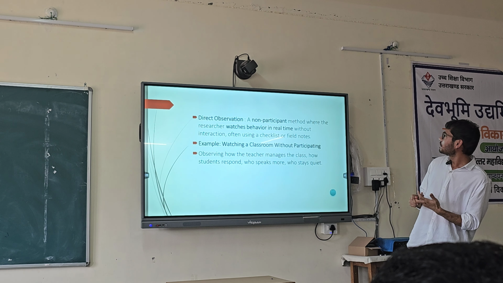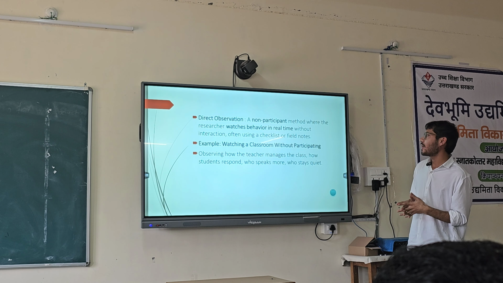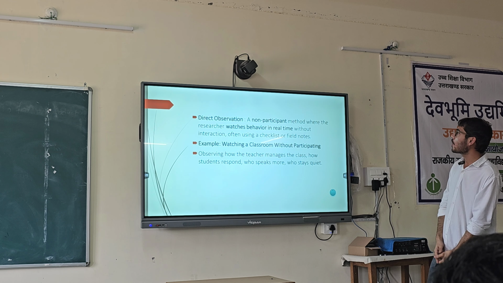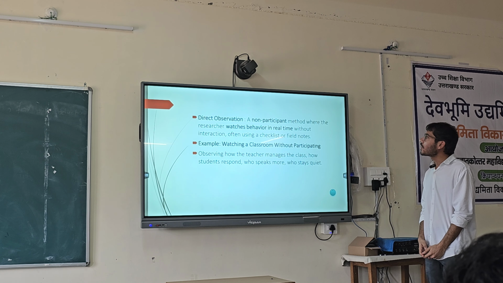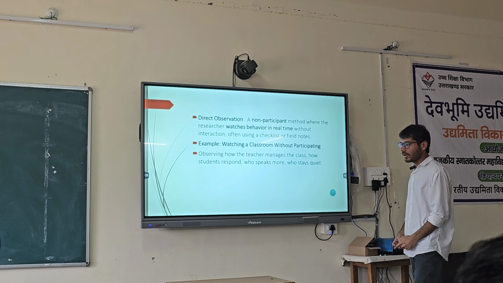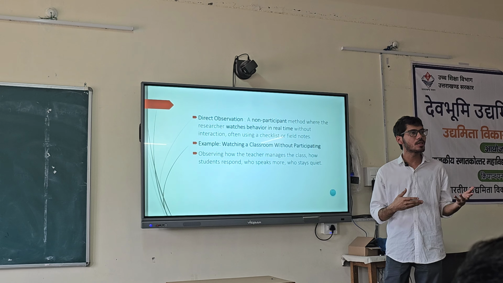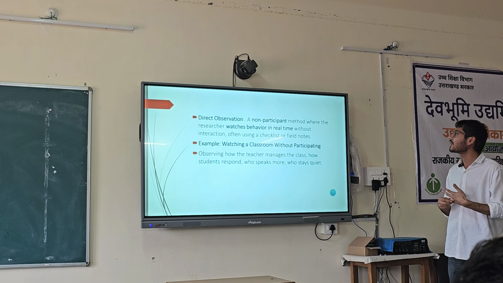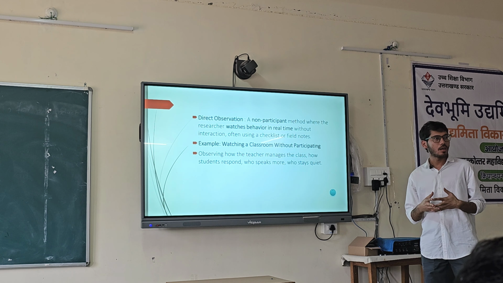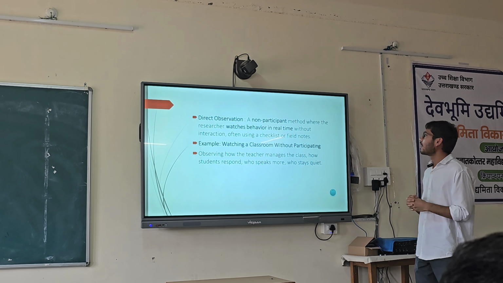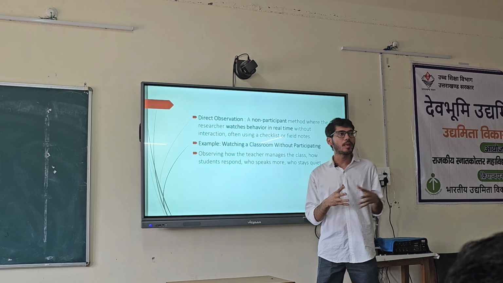Now, direct observation. This is also part of observation. It is a non-participant method where the researcher watches behavior in real time without interaction, often using a checklist or field notes. So it is happening directly. We are watching the people in real time and writing down whatever we are seeing, how people are interacting.